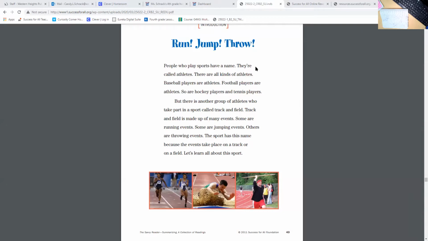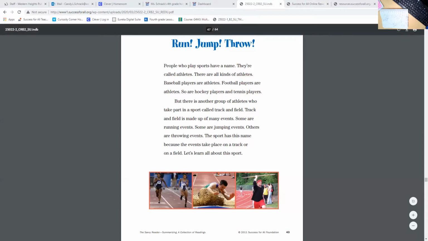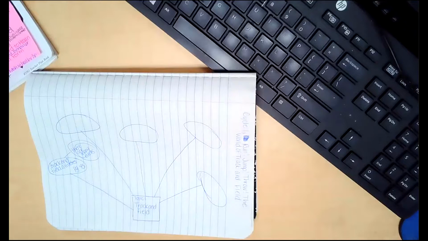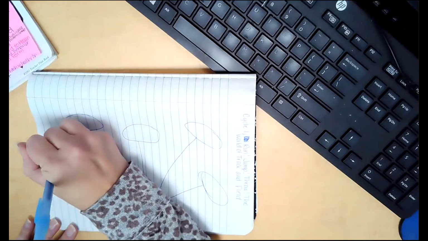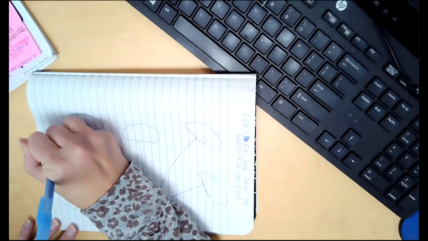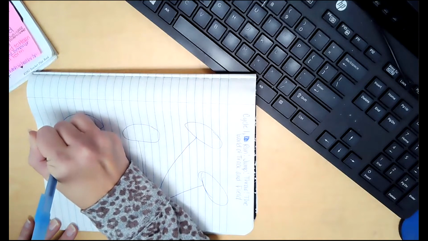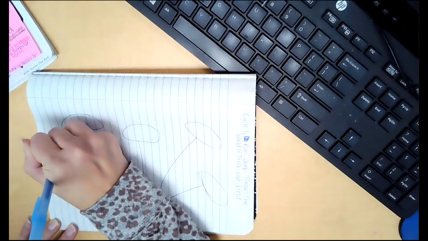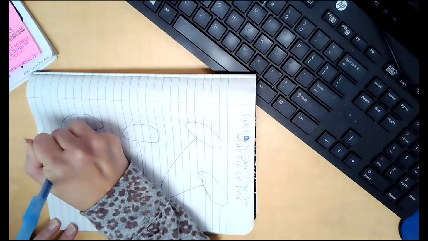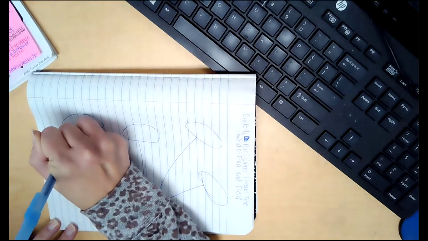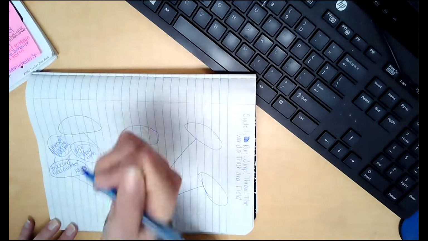But the first part is telling me what athletes are. So athletes are people who play sports. I think that was important because they put that in their first part. So I'm going to put athletes are people who play sports. Okay.